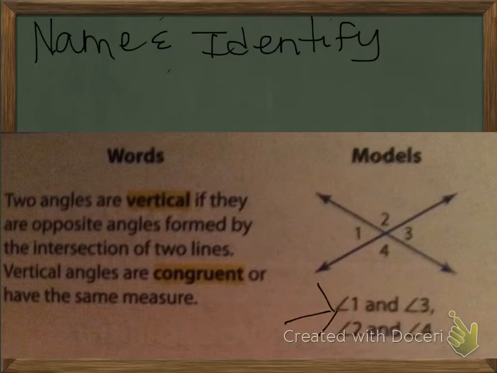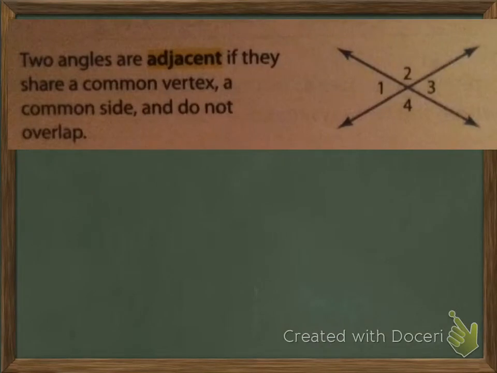That means angle 1 and angle 3 are vertical and the same measure. Angle 2 and angle 4 are vertical angles, and they are the same measure. It kind of looks like a less than sign, but not really. So this is angle 1. Sometimes they'll put a little fancy M in front of it to show the measure of angle 1.